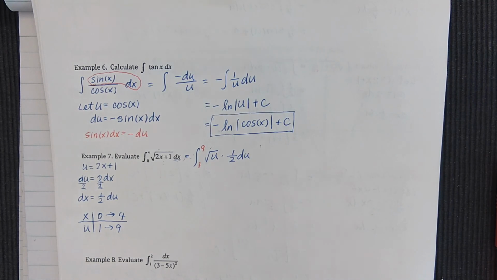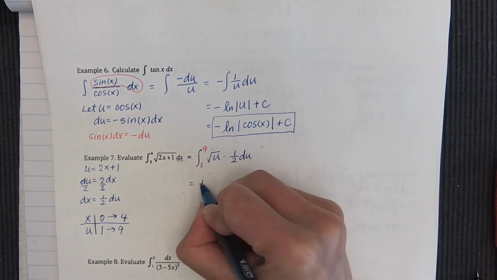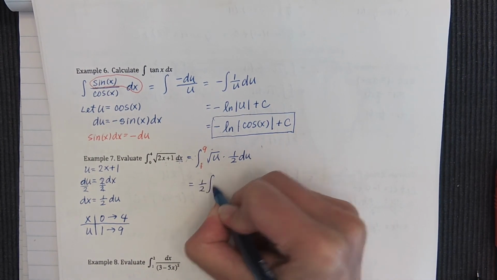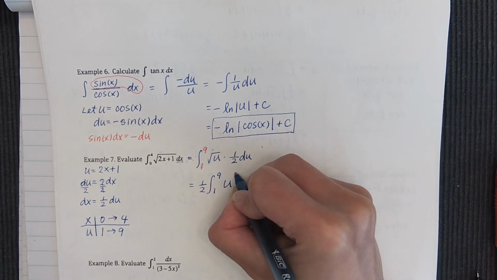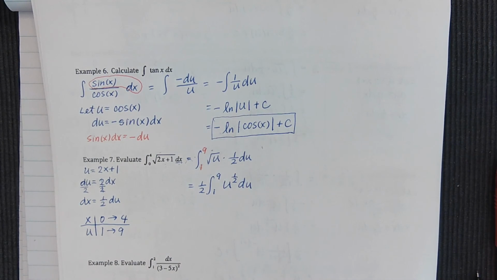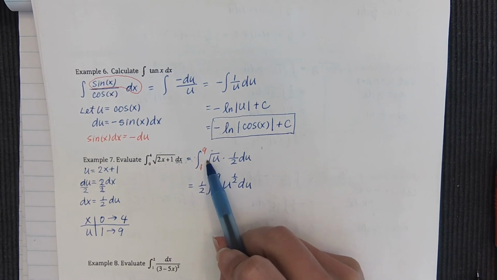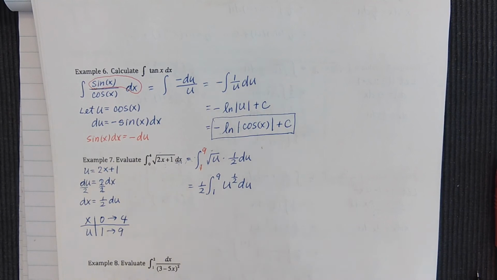Okay, then pretty much everything is the same. So not too bad. The 1/2 is out, the limits are 1 to 9, and the square root of u is u to the 1/2 power, du. Now you're going to finish it. You add 1 to the power: 1/2 plus 1 is 3/2. Make sure to keep the limits from 1 to 9.